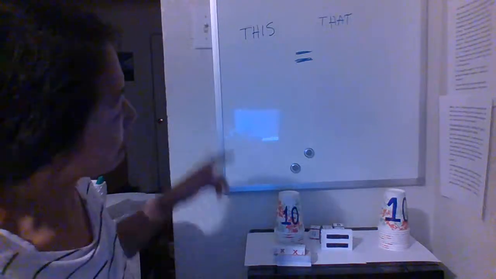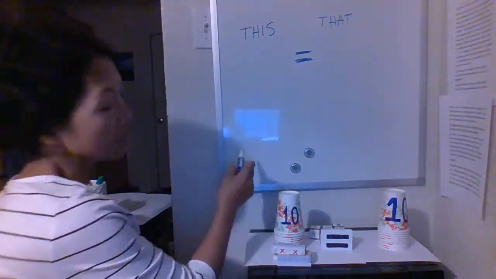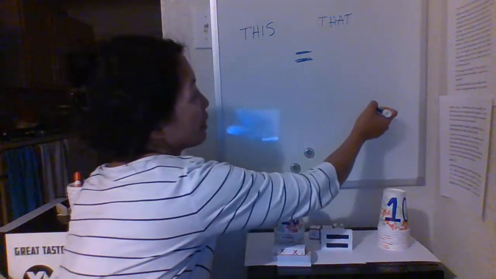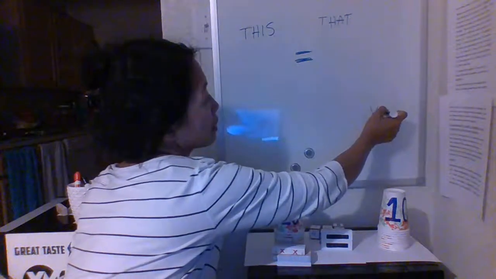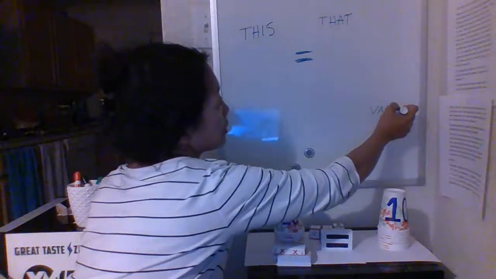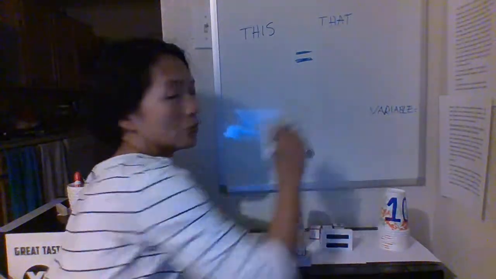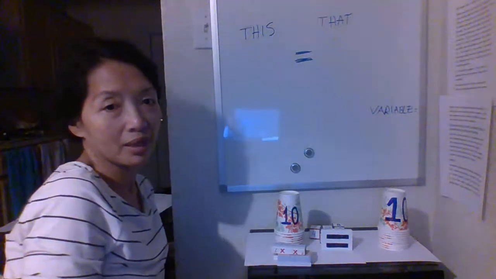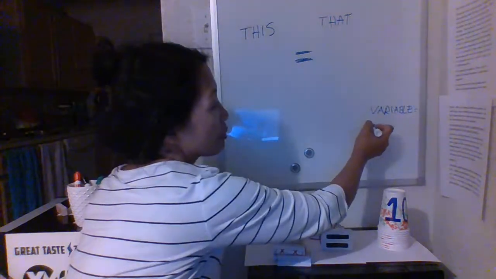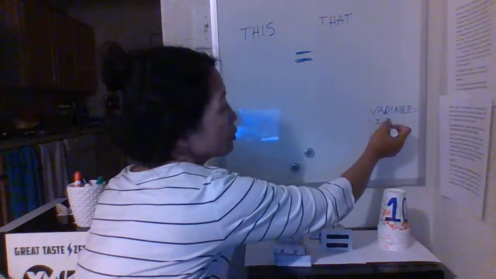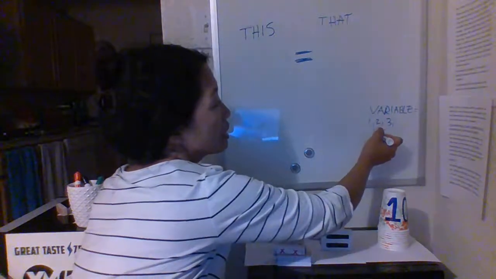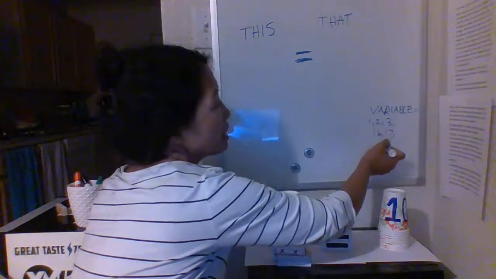Now remember what we said about our variables; we're going to put a little note here. A variable can equal any number at all. A variable can be the number 1, 2, 3, it can even be the numbers 16, 17.